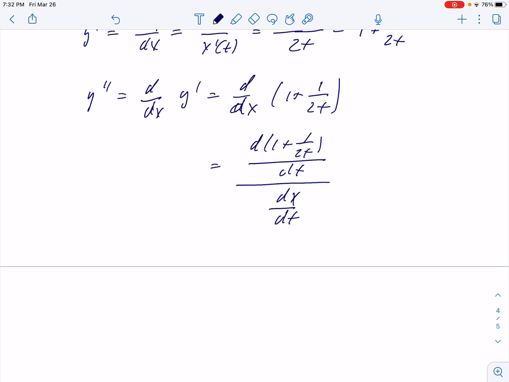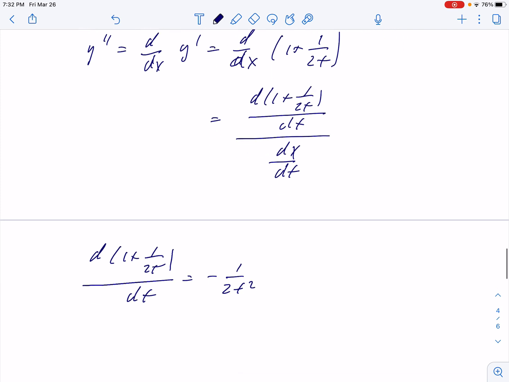Let's find these derivatives. The derivative in t of 1 is 0, and the derivative of 1 over 2t will be negative 1 over 2t squared, because if you differentiate 1 over t, you get negative 1 over t squared.